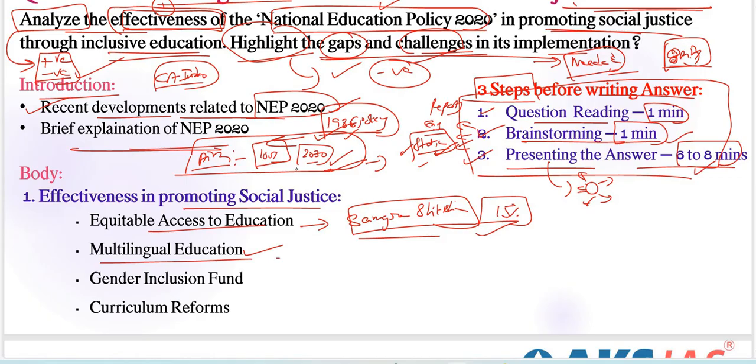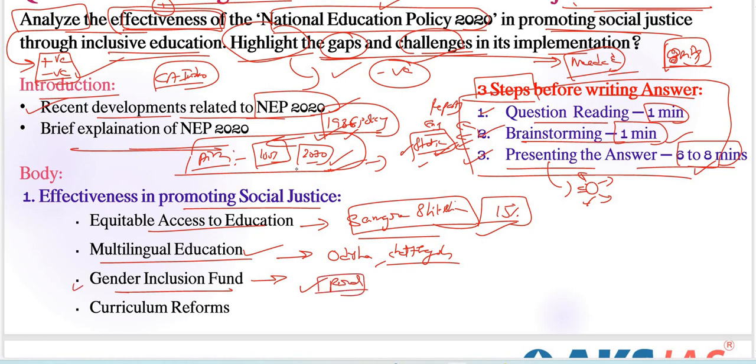This is particularly beneficial in states like Odisha or Chhattisgarh, where tribal populations can now receive education in their native languages also, right? The Gender Inclusion Fund is one important thing. This fund is expected to support state governments in implementing gender focused initiatives, contributing to higher female literacy rates, particularly in rural areas especially, right?